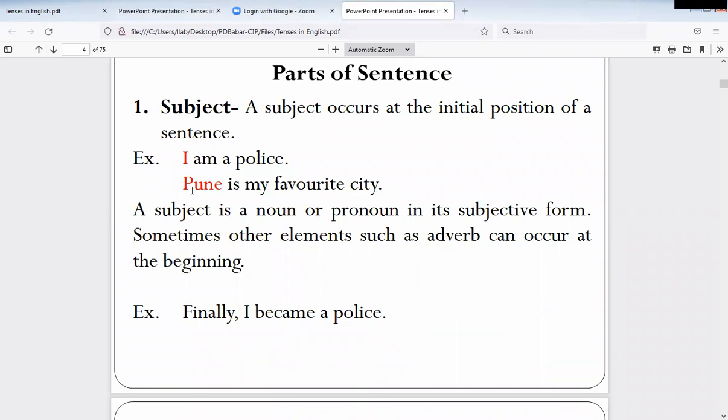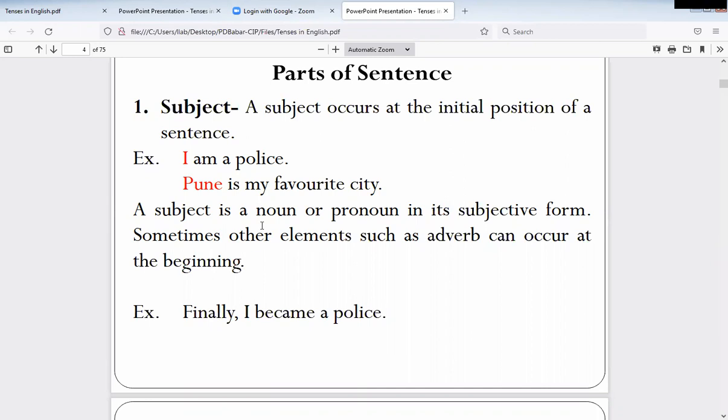Though it is a noun, it occurs at the very initial position of the sentence, and that is why it is called the subject. A subject is a noun or pronoun in its subjective form. So this is the definition of the subject.